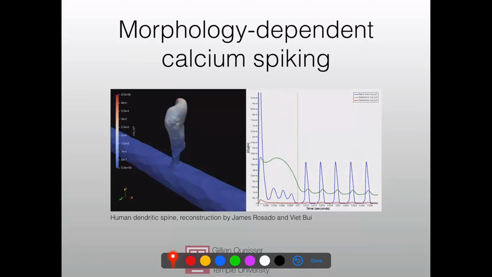And here's an example of a simulation that shows that under calcium release in the spine head, calcium-induced calcium release through the ER can actually induce calcium spiking in the spine neck, independent of new input from the spine. And this is all purely morphology driven, as other spines do not show this type of behavior. So these last spikes you see in the neck are auto-induced by these calcium-induced calcium release mechanisms that I showed at the very beginning.